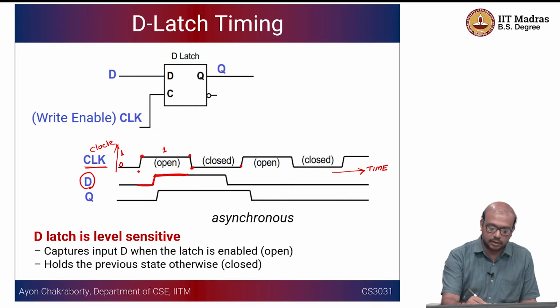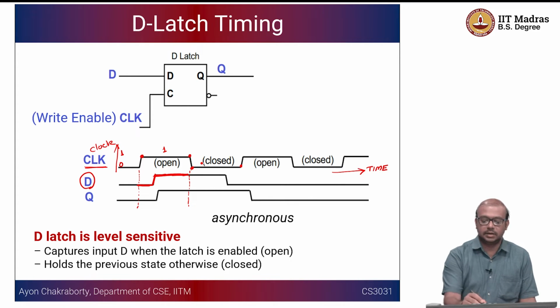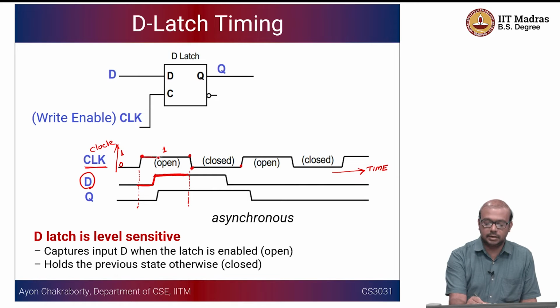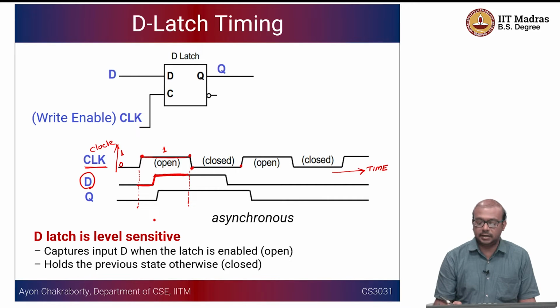In this clock cycle denoted by 1, D was copied to Q, but immediately after that D maintained its value, and the clock became 0.